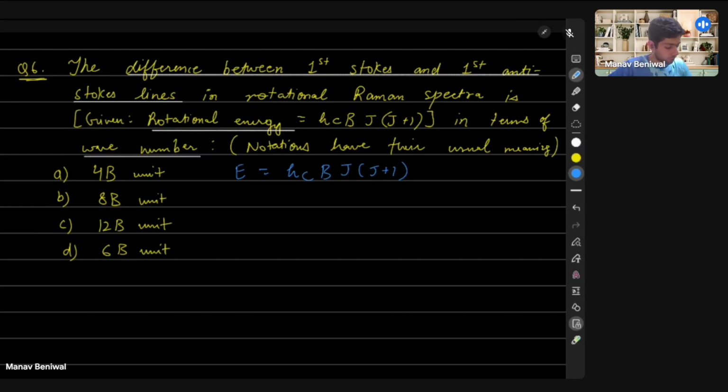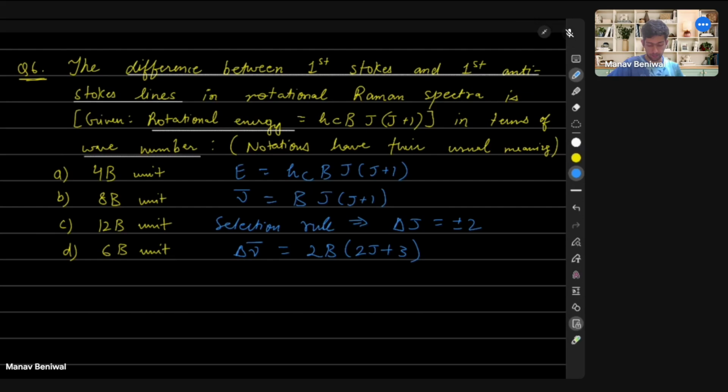So from this, as in question 4, we can clearly write this. Then we have the selection rule, and from the selection rule we get 2B times 2J plus 3.